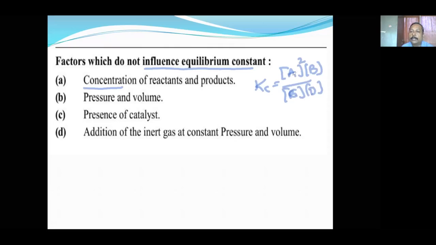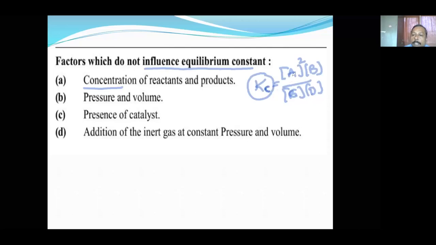When the concentration of A is made twice, then the equilibrium constant Kc becomes what? This was a previous question in the Kerala CET.